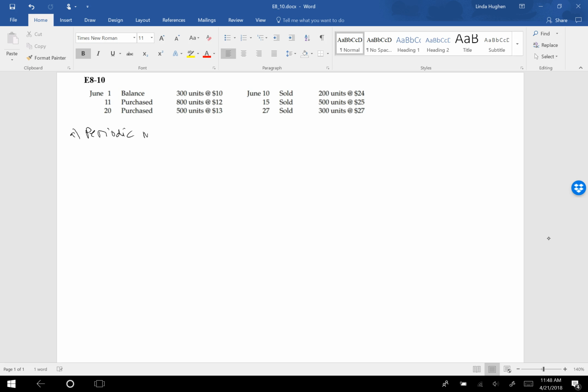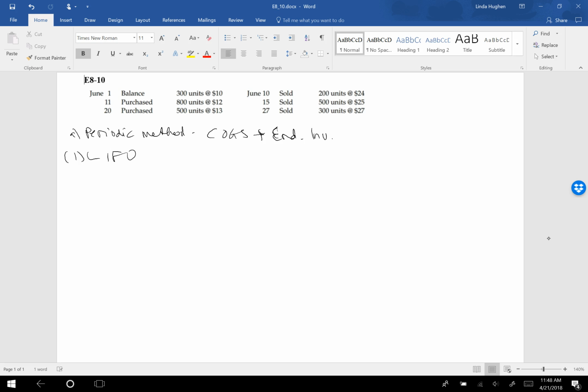We're asked to look for cost of goods sold and ending inventory. And in A part 1, we're asked to do this using the LIFO method.